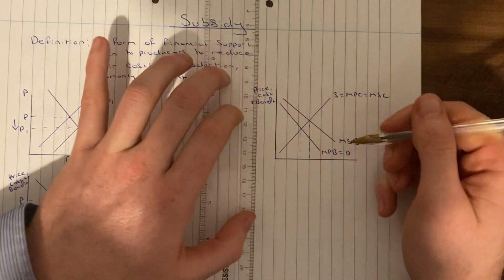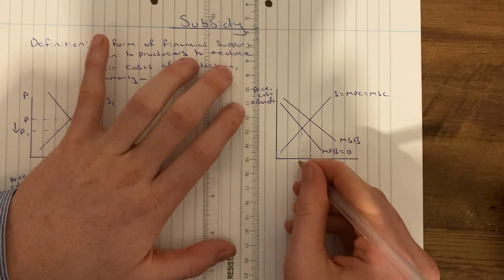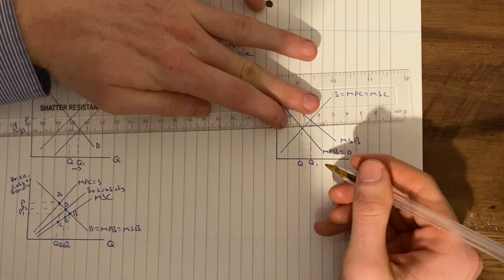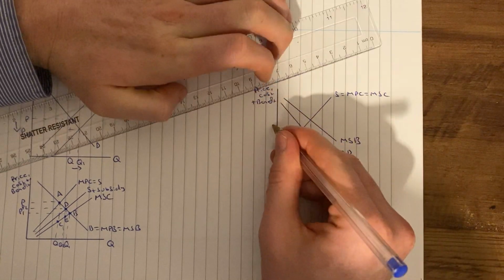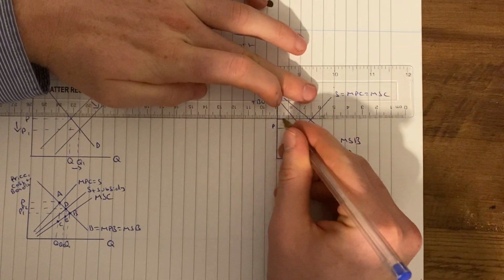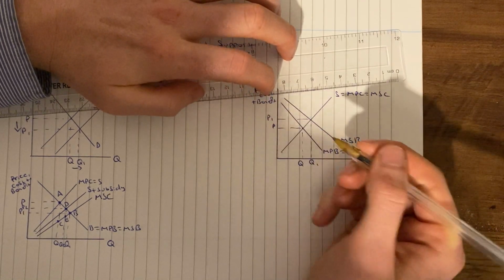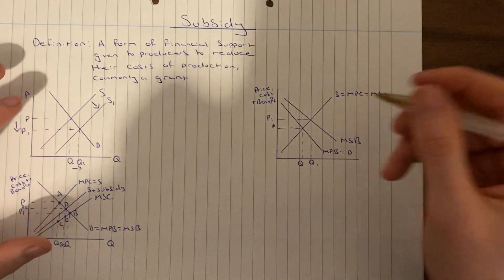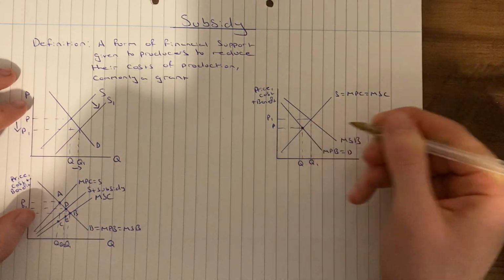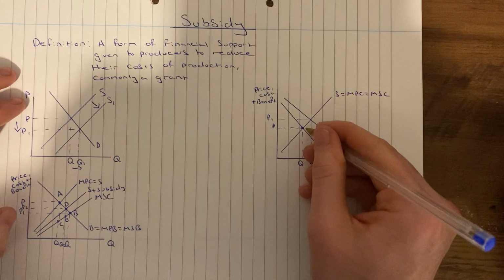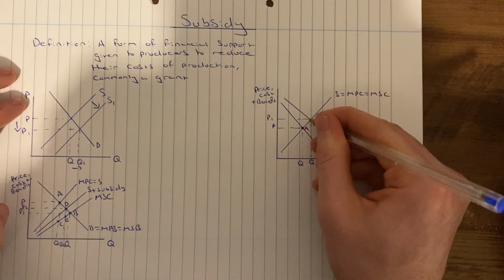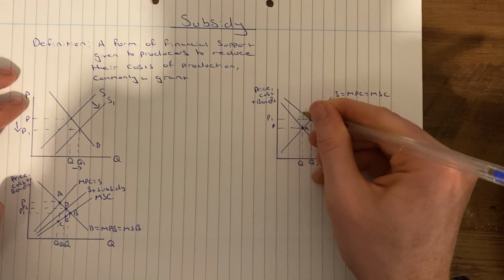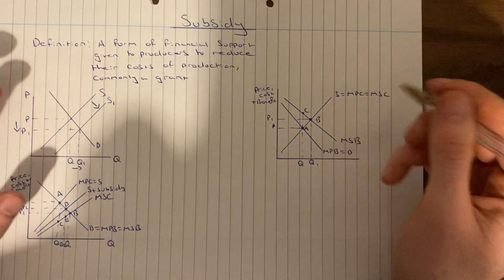And if we draw our diagram, we have Q1, we have P, and we have P1. Okay, so the welfare loss is the area ABC with the free market equilibrium at point A, the social optimum at point B, and if we go up, we've got point C, which is the size of the externality.